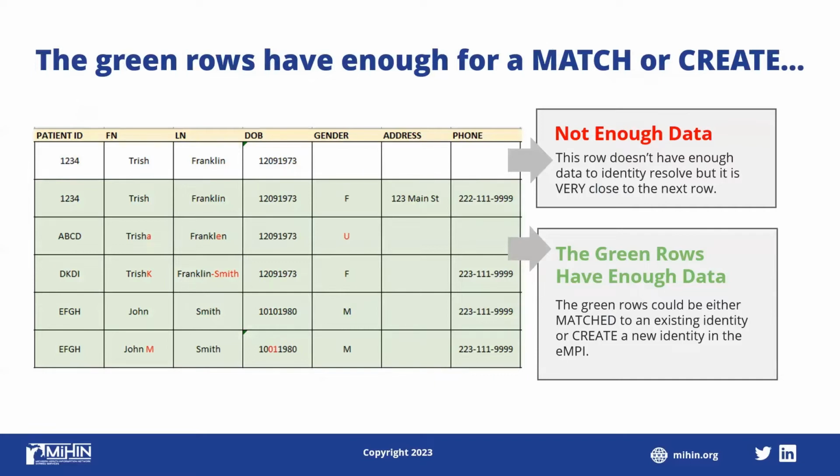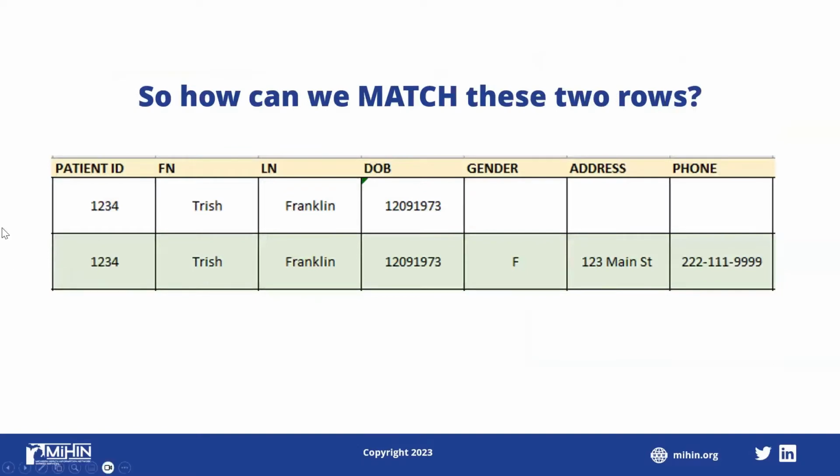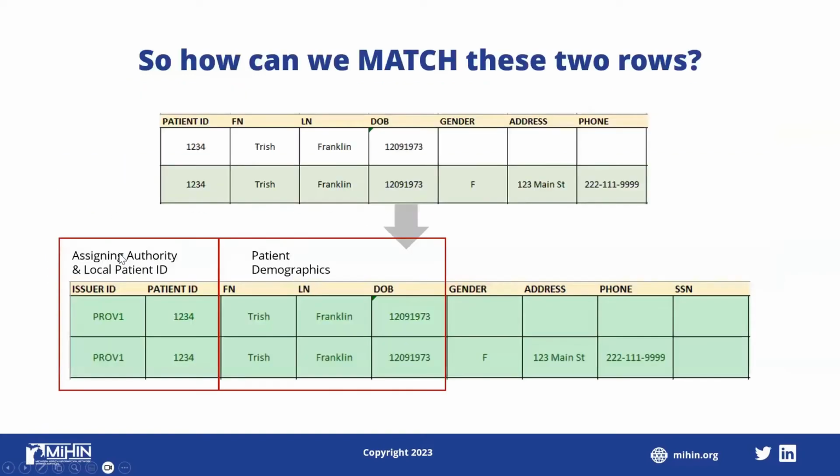And now we have this patient identifier. The problem with that is that we don't know who issued that patient identifier. So we don't know if these are just coincidentally the same identifiers from two completely different assigning authorities, or issuers of the patient identifier. If we did know that it was the same issuer, we could match with limited demographics, first name, last name, and date of birth, because we would also have a unique identifier that we could use to link.